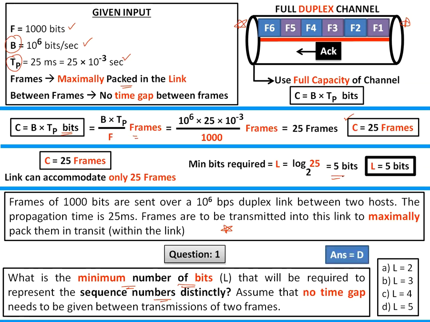The answer will be 5, guys. Please keep the channel at complete capacity. So how many frames are required? How many bits does it accommodate? That I know. Divide by F gives the frames. If it is 25 frames, you require 5 bits for each sequence number in a frame.